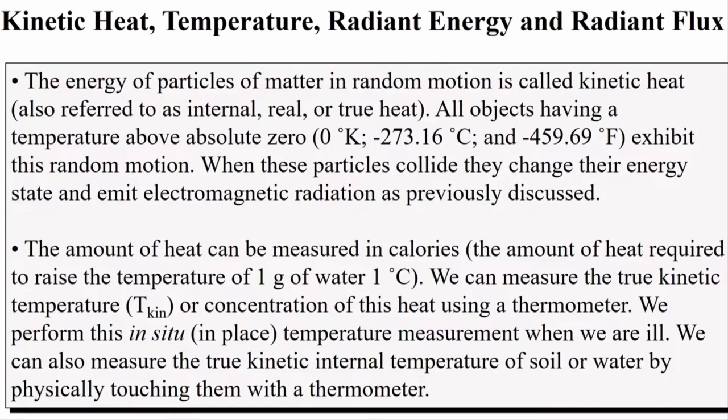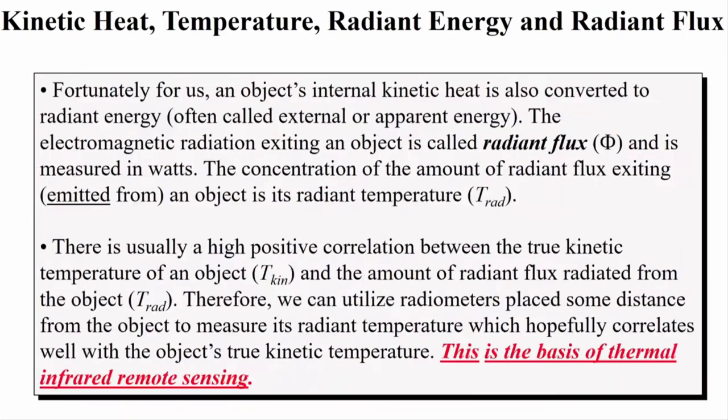We can also measure the true kinetic internal temperature of soil or water by physically touching them with a thermometer. Now the word kinetic heat basically refers to the true heat, or the original temperature, or the internal heat of the object. Fortunately for us, an object's internal kinetic heat is also converted to radiant energy.